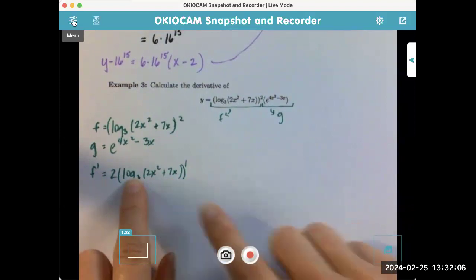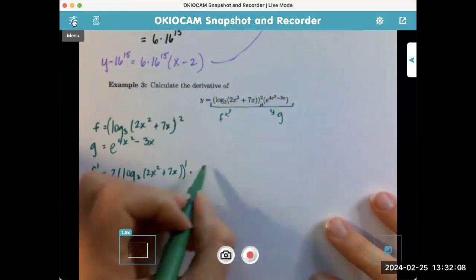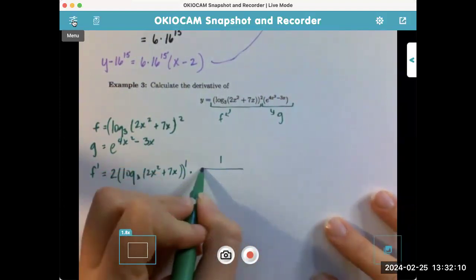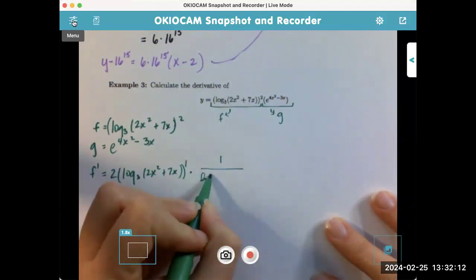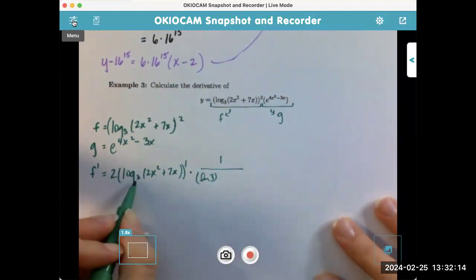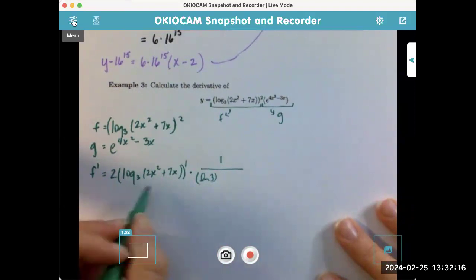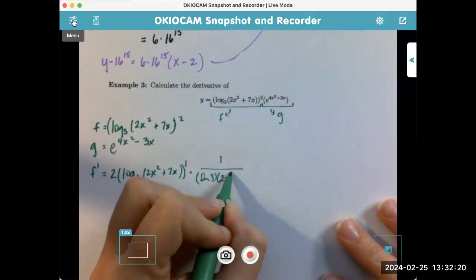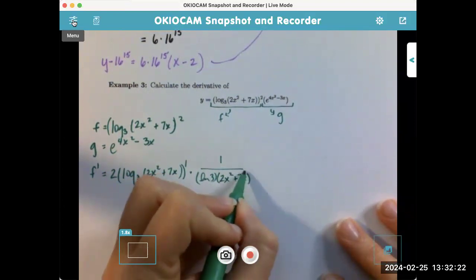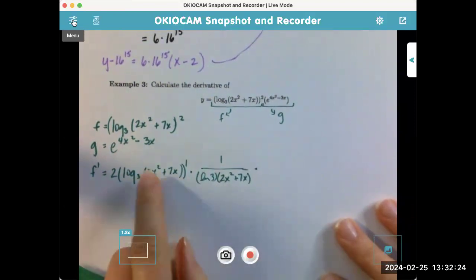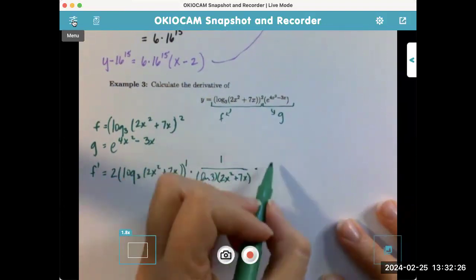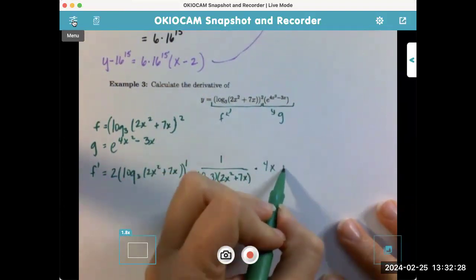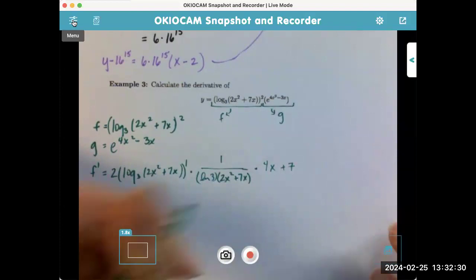Now times the derivative of the inside, which is the log derivative. So it is 1 over the natural log of 3, right? Because you always have to take the natural log of the base. The argument of the log, which is 2x squared plus 7x. Now times the derivative of this thing, which is 4x plus 7.